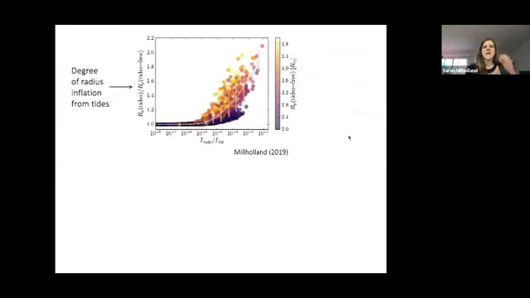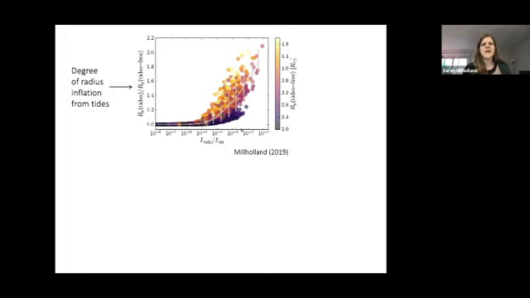Okay, with all that set up, the main result here was to quantify how much tides affect the radius of these planets. On the y-axis, I'm plotting the degree of radius inflation: the radius we get when we include tidal heating in the model compared to the radius we get if we ignore tidal heating. I'm plotting this as a function of the ratio of the tidal luminosity to the incident stellar luminosity.